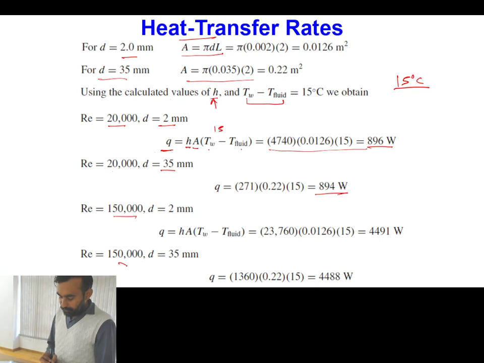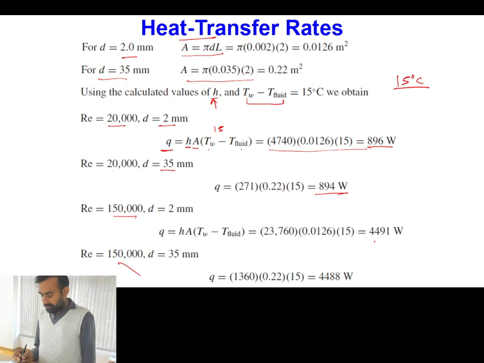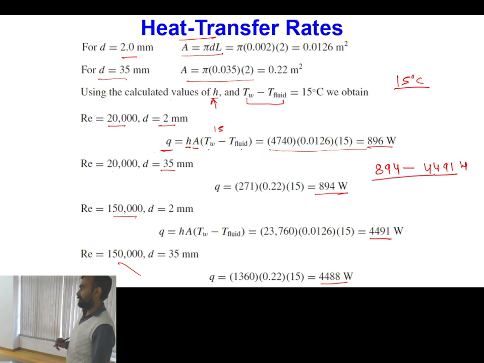Similarly, for 150,000, if I calculate, it comes out to be 4491 and 4488. So it means that after obtaining this, we have come to know that if we have to take a power supply, that power supply should be able to supply power in the range of 894 to 4491 watts. Okay, is this point clear?